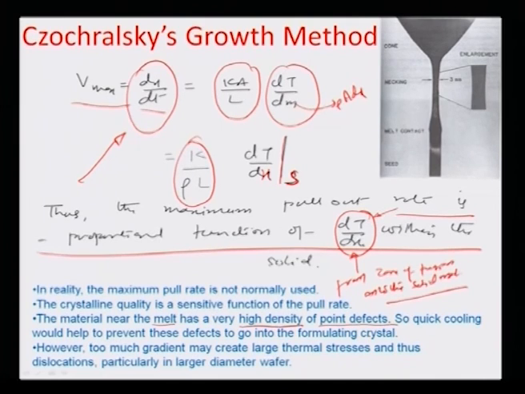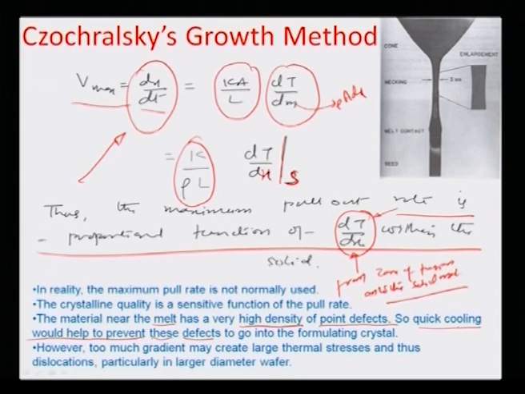So quick cooling would, on one hand, create a lot of defects in the next forming zone from the liquid. Although the defects may not go into the solid crystal, because very less time is given for the cooling or the solidification to take place.